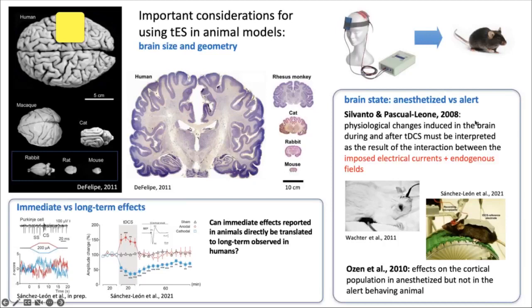Even during alertness, you have some fluctuations in brain state that induce many important changes. That's the reason why some previous papers have published that there is no effect with tACS, for example, in the awake animal, but they observe something in the anesthetized one.